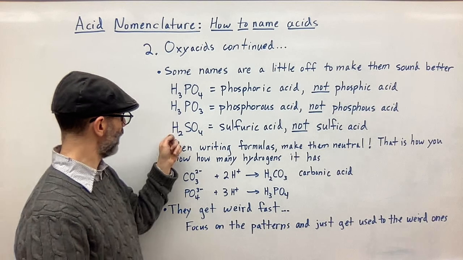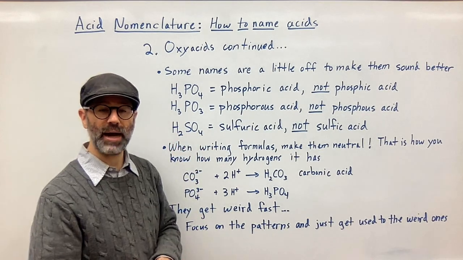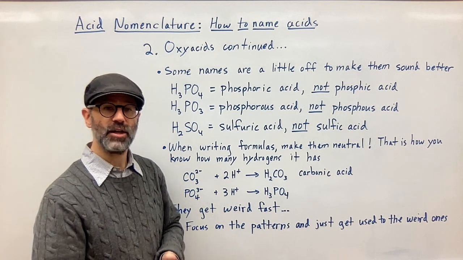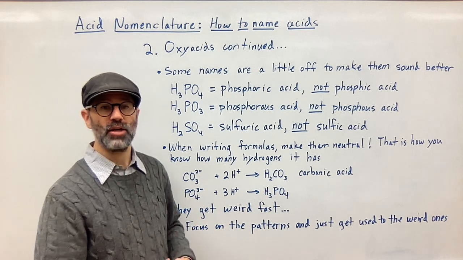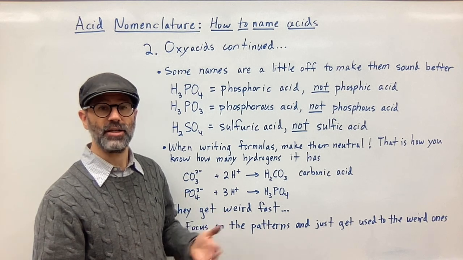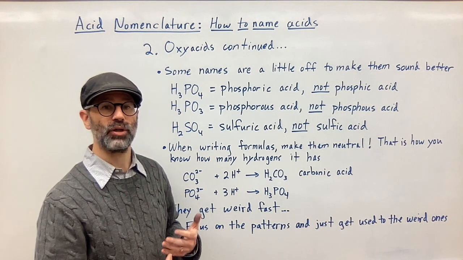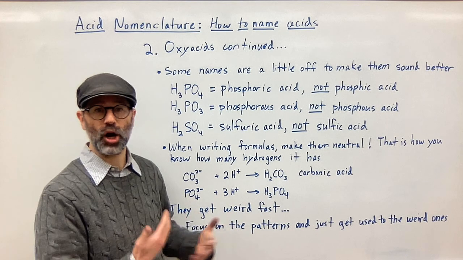Another one is H2SO4. The SO4 2 minus ion is sulfate. So in this case, I'm going to drop the ATE ending. Sulfate, drop the ending, you get sulf, and then you add IC, and so it'd be sulfic acid. That's what you would expect based on what we just went over regarding the naming.